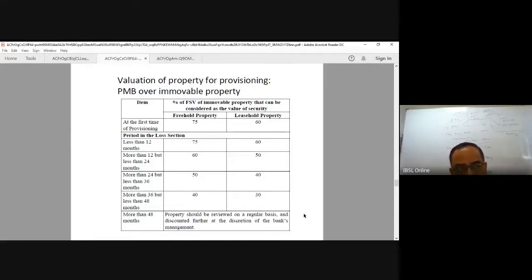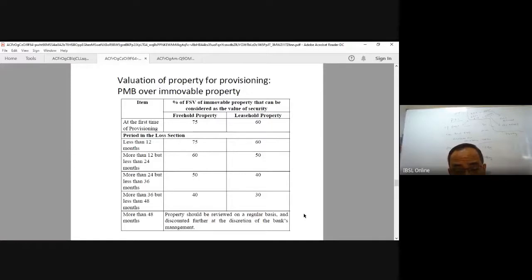That means 1.5 years to 2.5 years. Until about 2.5 years, you can maintain this for sale value of 75%. But if it is more than 1 year after loss, in the loss section, for the next 1 year, you can only take 60% of that, right?